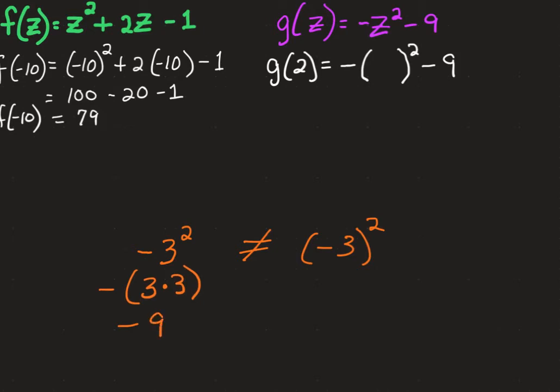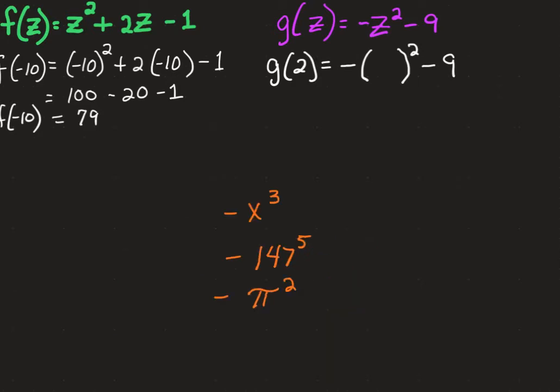On the right side of the parenthesis, you are taking negative 3 and multiplying it by itself to get a positive 9. And those are clearly not equal. So whenever you see a negative in front of some term, remember that unless that negative is within parentheses and then you have it raised to some power, it means evaluate the power first and then make the answer negative.